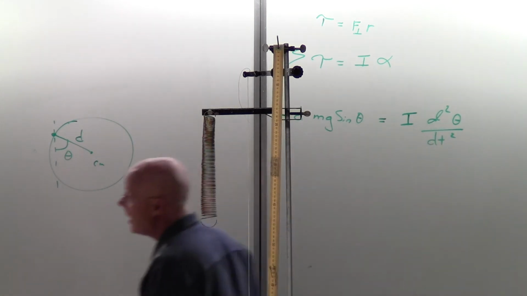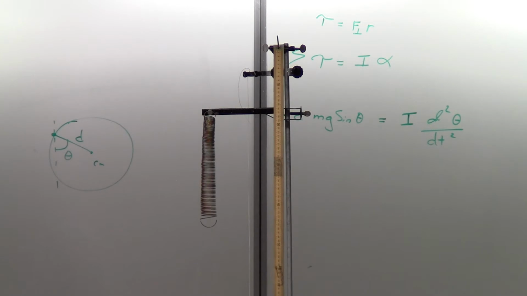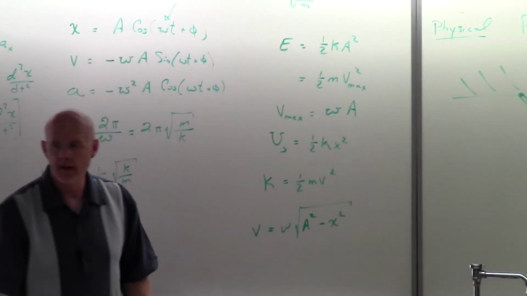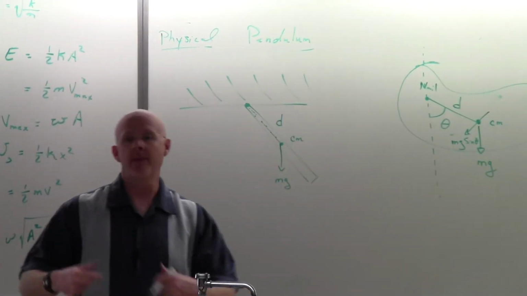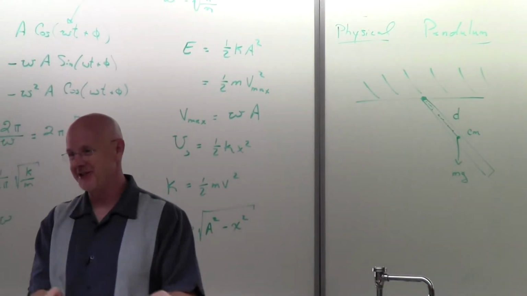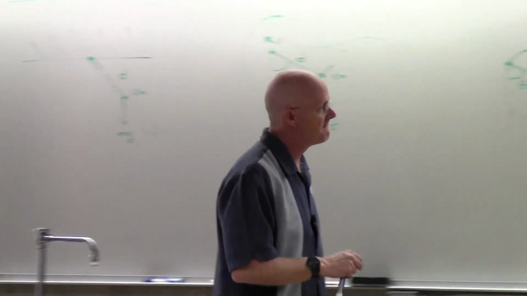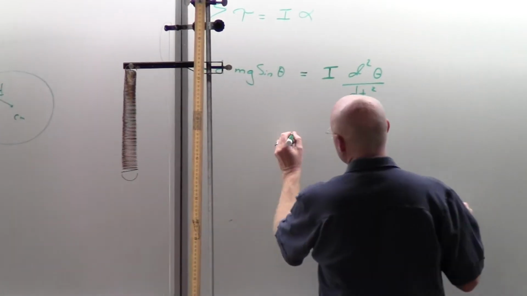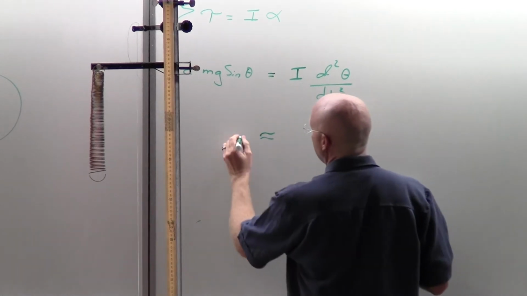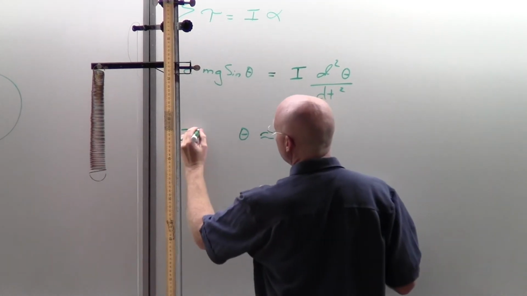And you can see right away that I have an equation that almost looks like this one again. Almost looks like the simple pendulum again. In fact, we're going to make the same approximation for the physical pendulum that I just did for the simple pendulum. What could I say about sine theta? Yeah, not perfect, but pretty close.